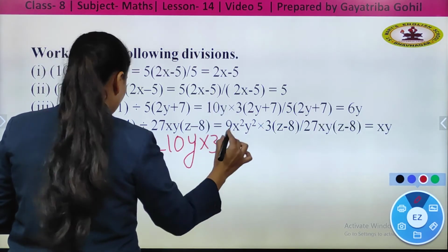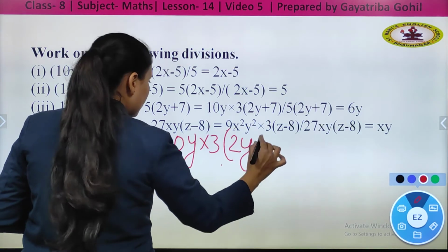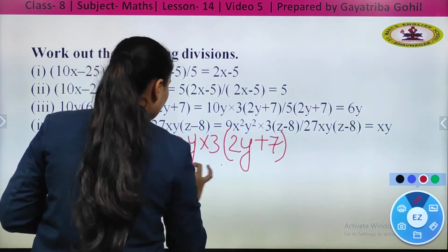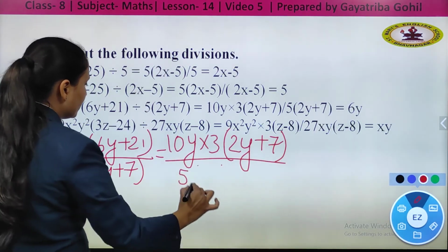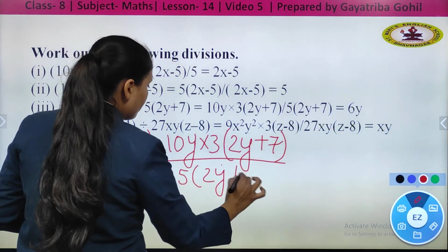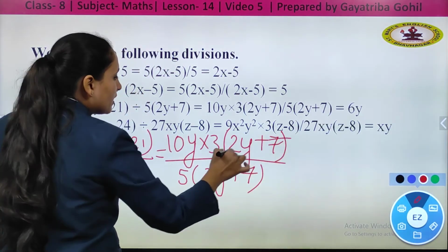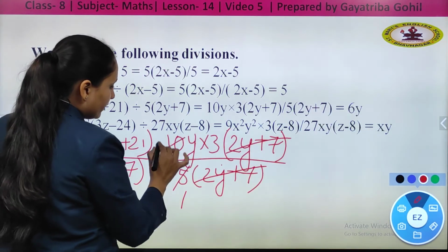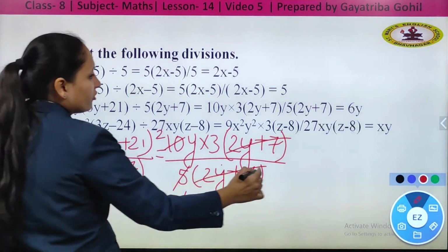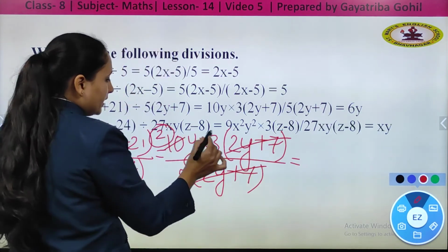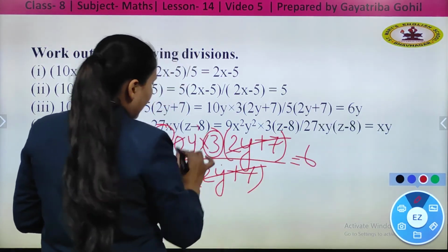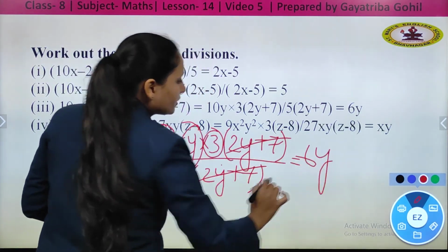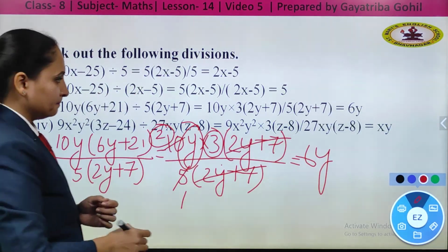Into 3 you can have 2y plus 7 divided by 5 into 2y plus 7. So, 2y plus 7 will get cancelled. 5 ones are 5, 5 twos are 10. So, what will be left with me? 2 into 3, that is 6 and y. So, 6y will be left with me.